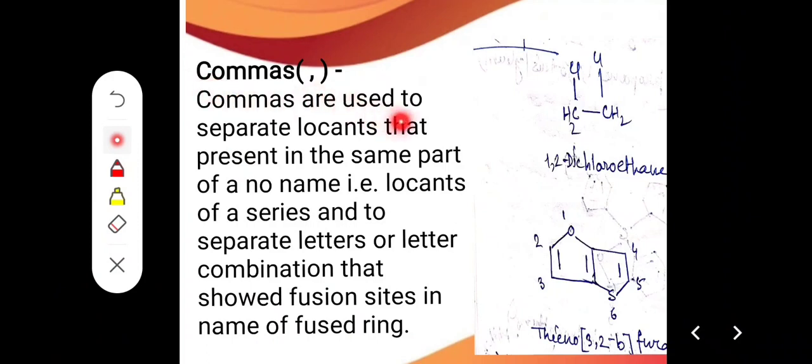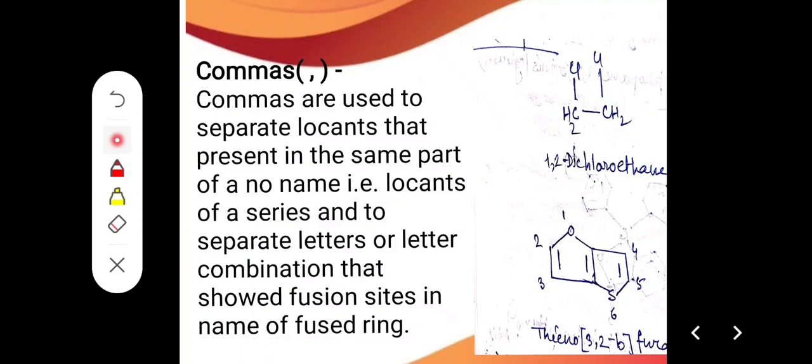Commas are used to separate locants of a series, meaning in the same or different atoms, if the same type of functional groups are there, in that case we can use a comma.